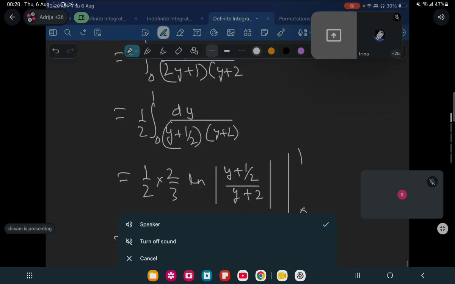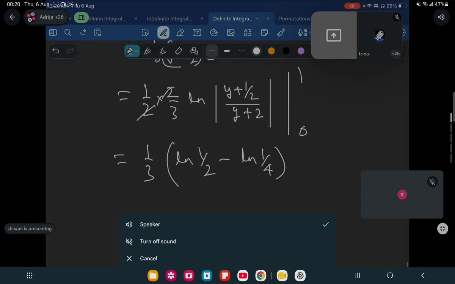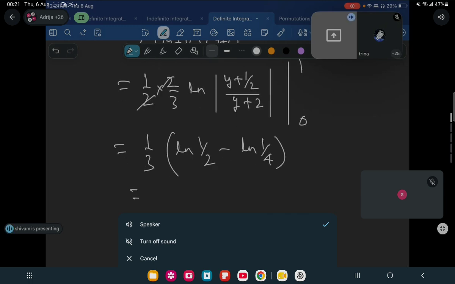So this will become 1 by 3 within brackets, ln of, when you substitute 1, this will become 3 by 2 divided by 3. So half. ln half minus ln 1 by 4. ln half minus ln 1 by 4 will become ln 2. So this is ln 2 by 3.